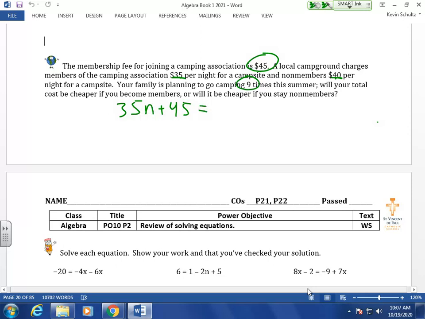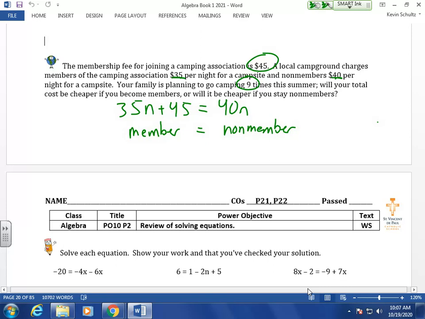Will? 40n. Essentially, you're comparing the price of being a member to a non-member, right? Being a member is that much money, $35 per night plus the $45 fee. Being a non-member is just $40 per night. And you're comparing those two.